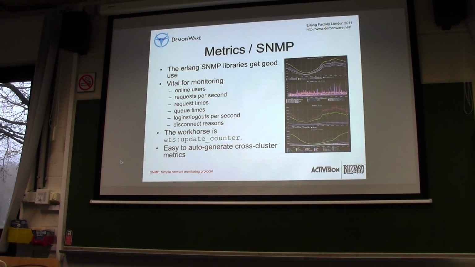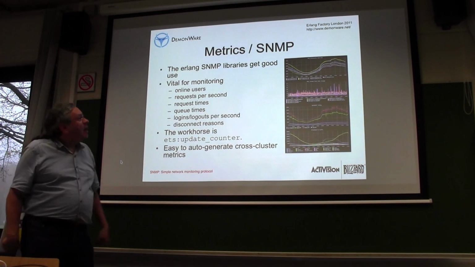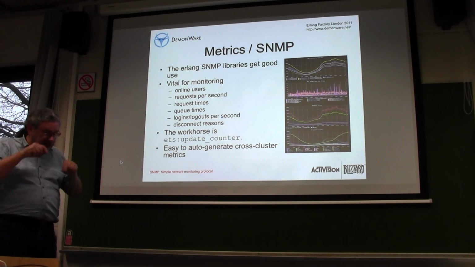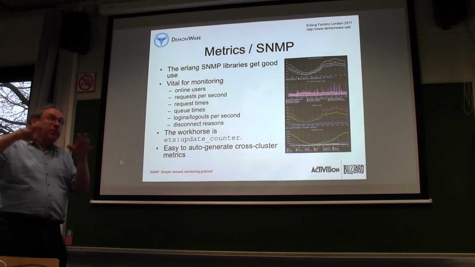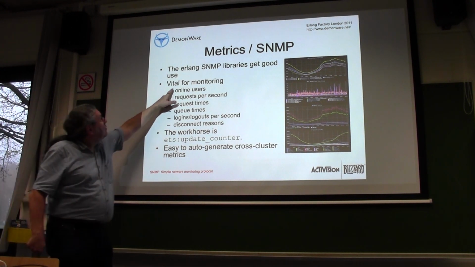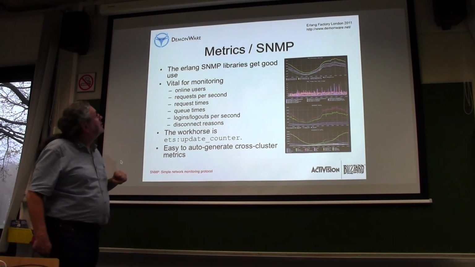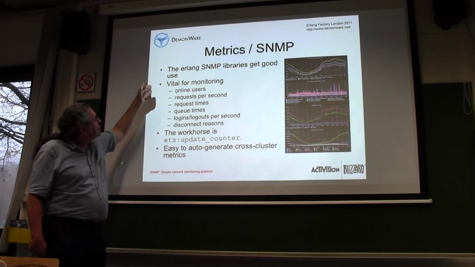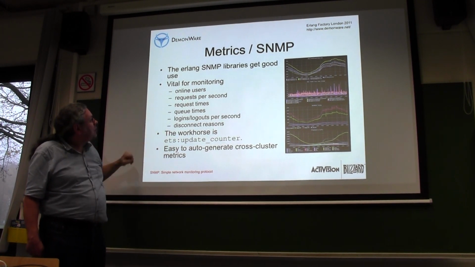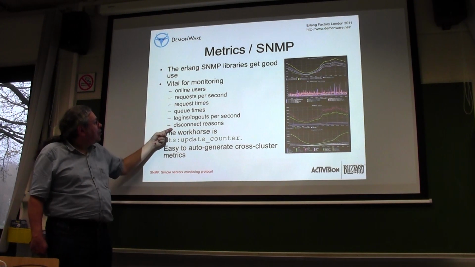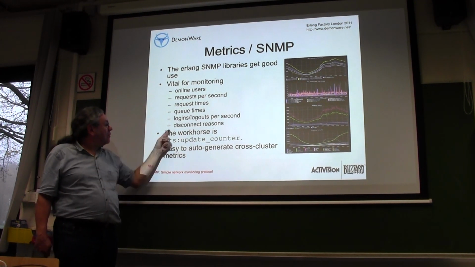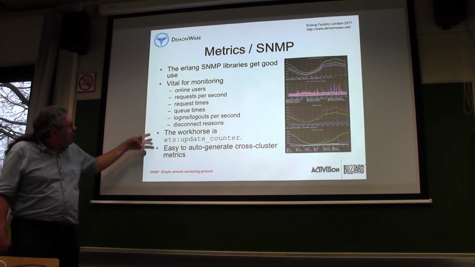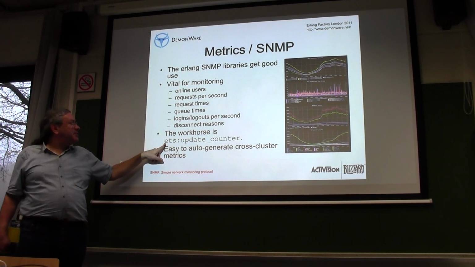The presence server. They also do metrics. In a big system like this, the system is always measuring itself and seeing whether there's bottlenecks, or you have to keep track of everything. And Erlang has SNMP, network monitoring protocol libraries, so they're used. So they monitor the users, requests per second, request times, queuing times, logins, logouts per second, why the users get disconnected or thrown out. And then they make these real-time graphs. And the most used thing is an ETS.